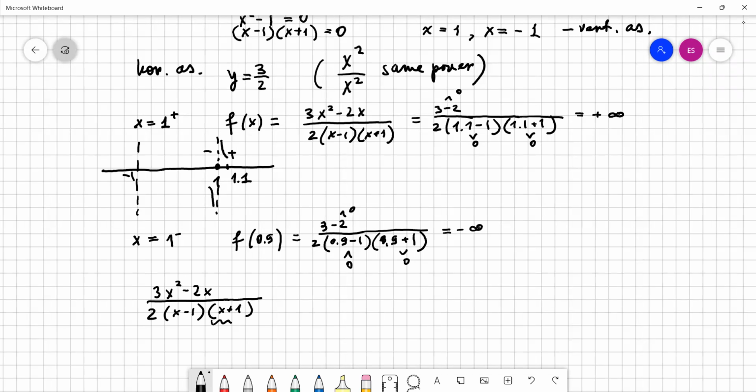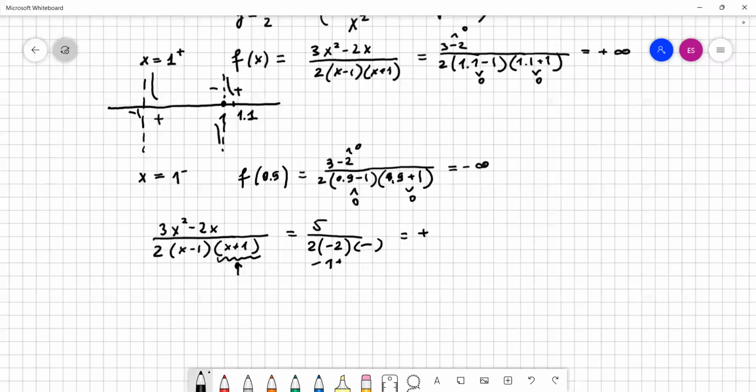The only place where this -1 is going to change something is this one. -1 here is going to be like what? 3 plus 2, like 5, right? -1 here is going to be 2 times -1, which gives me -2. And here, on the positive side, it's -0.9, for example. So it's negative for -1 plus. And we are going to have plus, minus, minus, plus. So it's going to come like this.